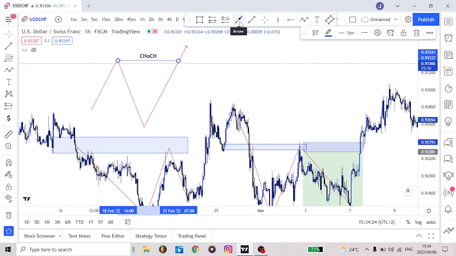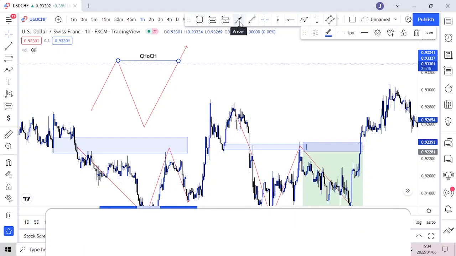So change of character should never be caused by shallow pullbacks. And it also goes for break of structures. Break of structures should never be created by shallow pullbacks. So you should know what's a shallow pullback and a deep pullback. It's only a deep pullback that has the power to create a change of character.